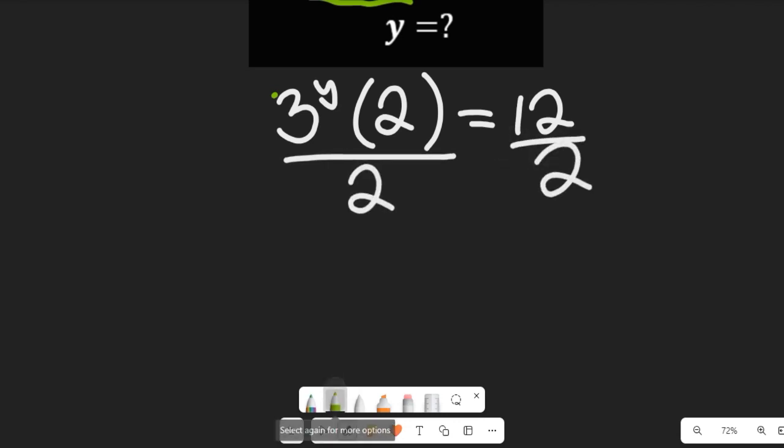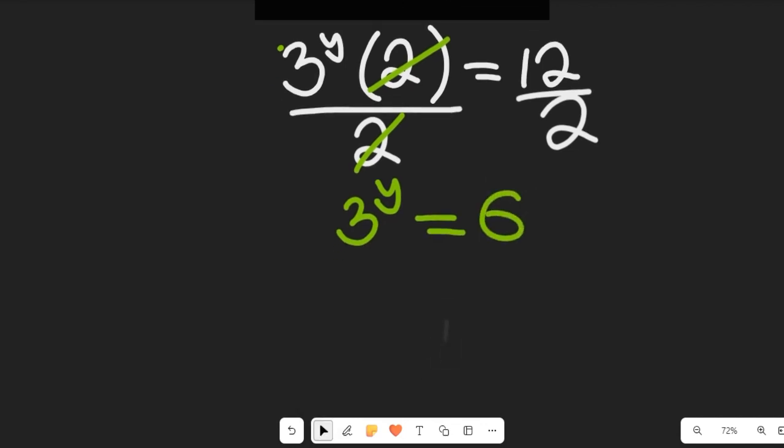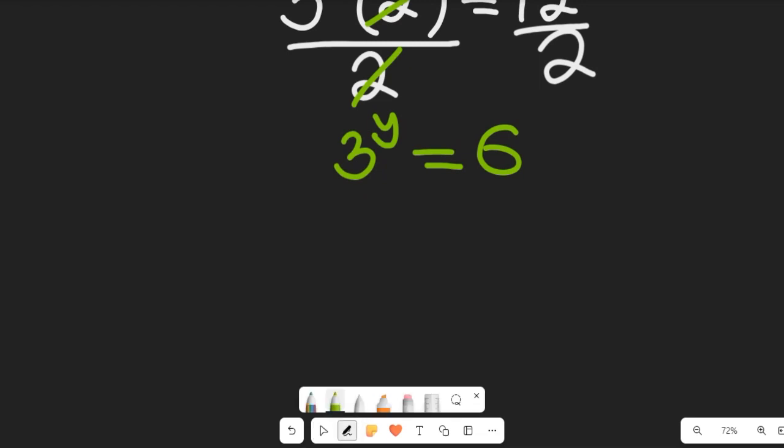If I divide both sides by 2, 2 clears 2, and I'll have 3 to the power of y equal to 12 divided by 2, which is going to give me 6. Great.